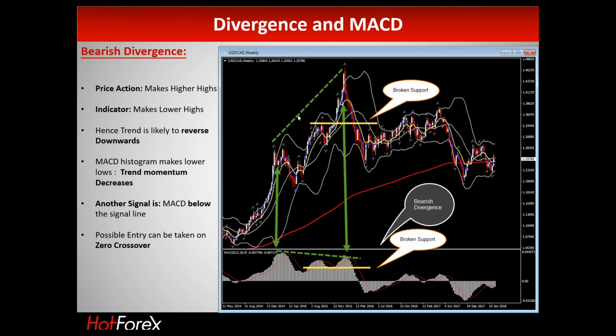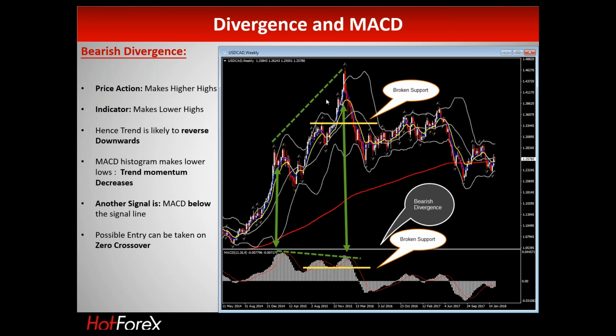Let's say Shiraz identified these higher highs over here and put this line on, and he entered short, because he saw that at this area and this area, my price action was a higher high while my MACD was a lower low.